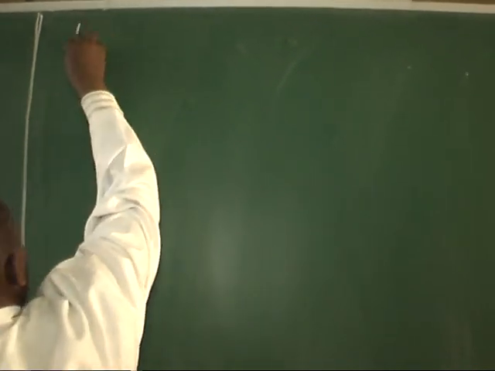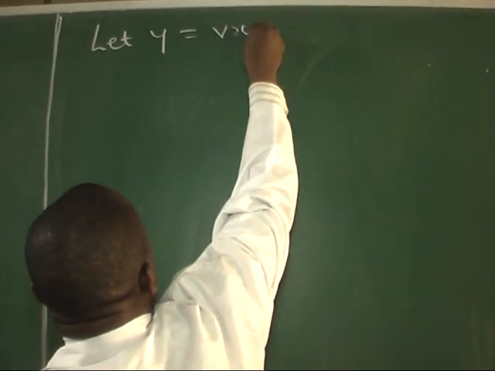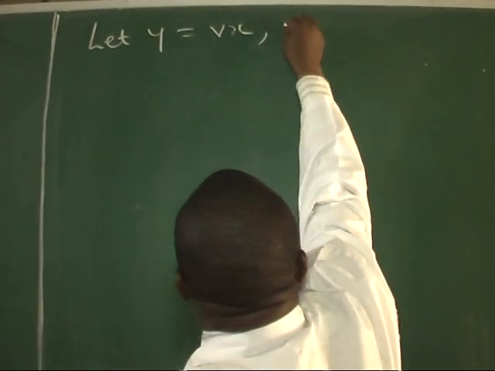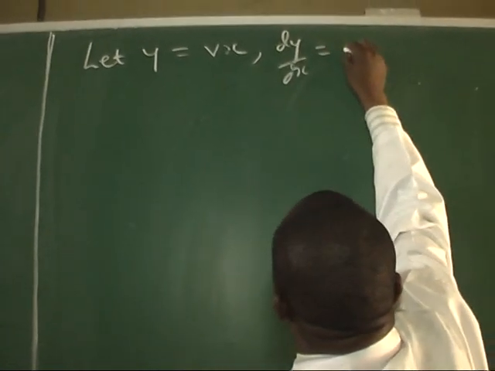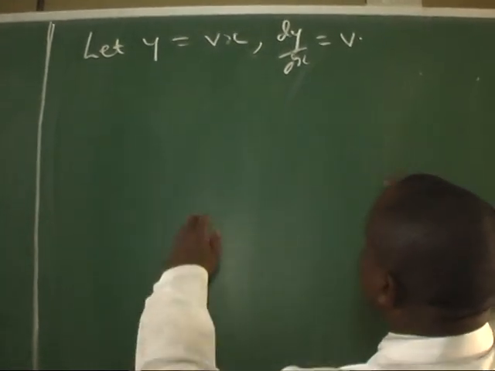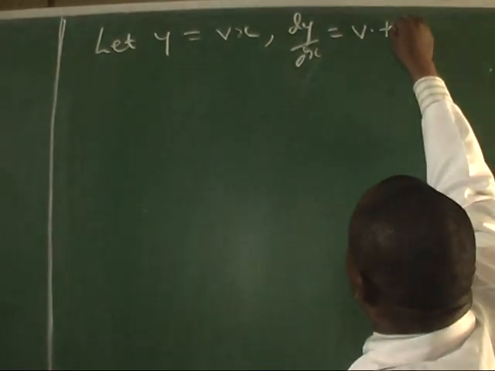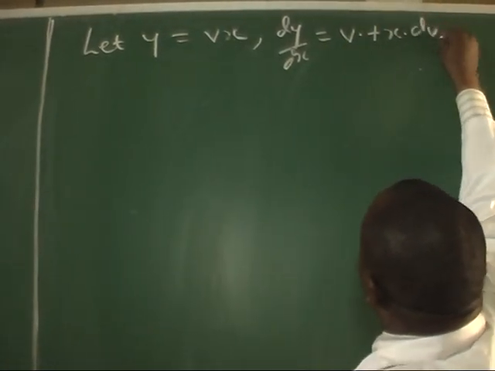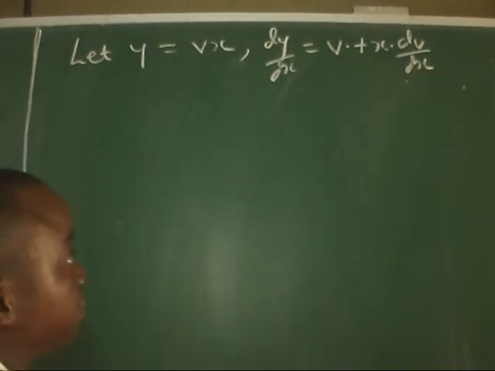Now let y be equal to v times x. We then have that dy/dx will be equal to v times, you differentiate x, which is 1, plus x times dv/dx. That is by the product rule.